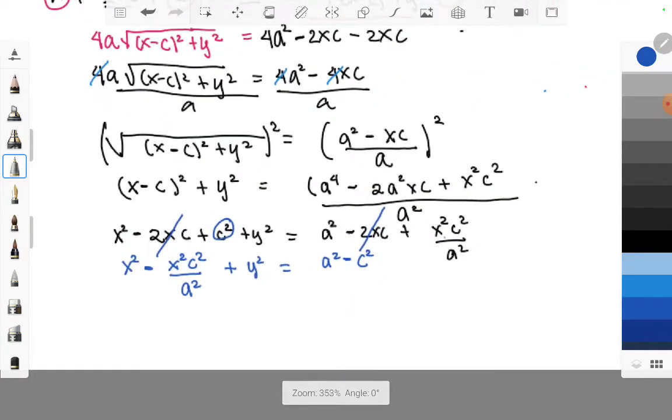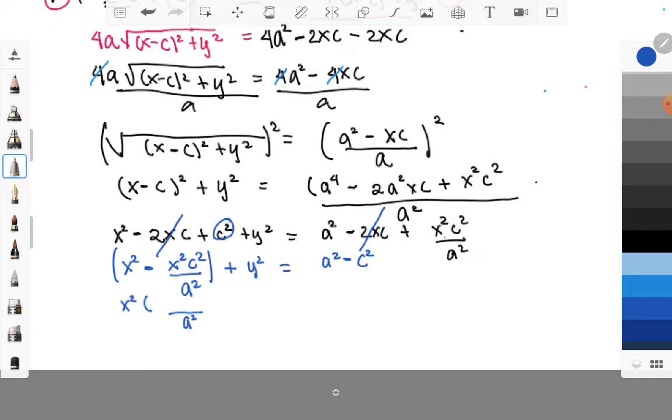So by further manipulation of the equation, I will factor out x squared from this equation. So you have x squared multiplied by, take note, if I add 1 to this term, I will have a squared as my least common denominator, LCD.